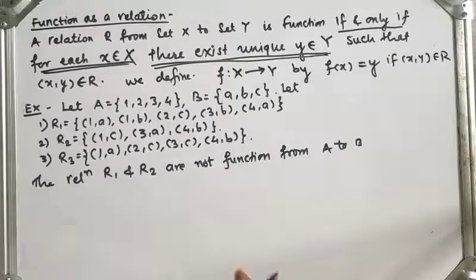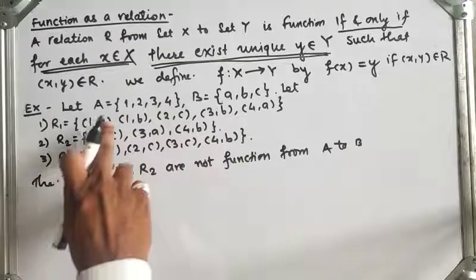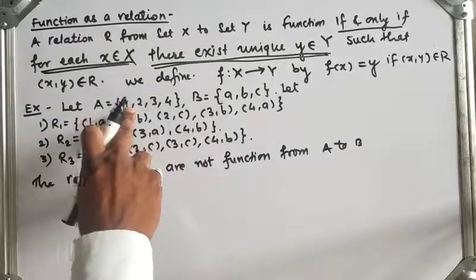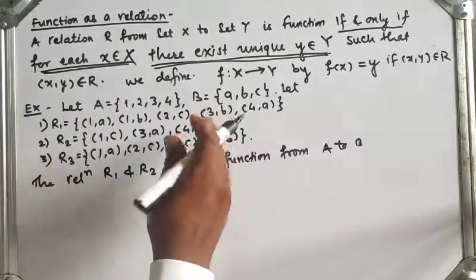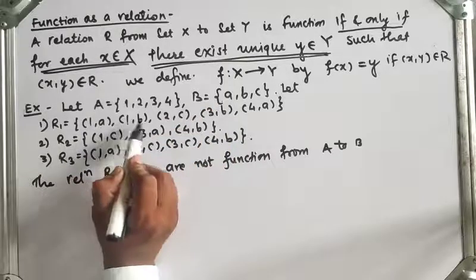because in R1, 1 belongs to A and is related to two different elements in set B, because 1 is related to a and 1 is related to b.